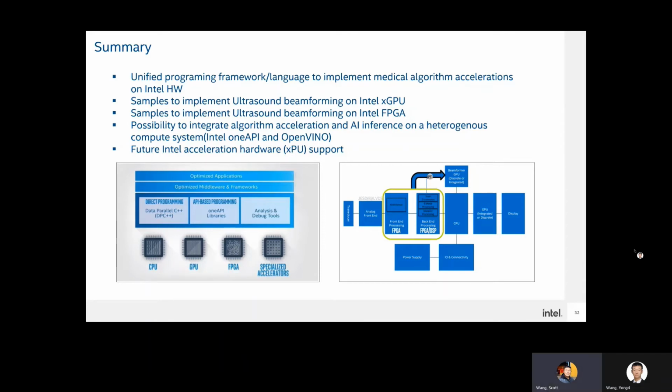And we have shown there is a possibility to integrate algorithm acceleration and also AI inference on this heterogeneous compute system using Intel oneAPI and OpenVINO. So I think with this oneAPI implementation, it is very seamless and easy to support future Intel acceleration hardware as well.